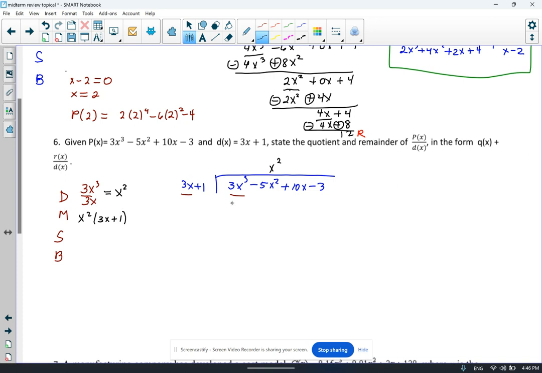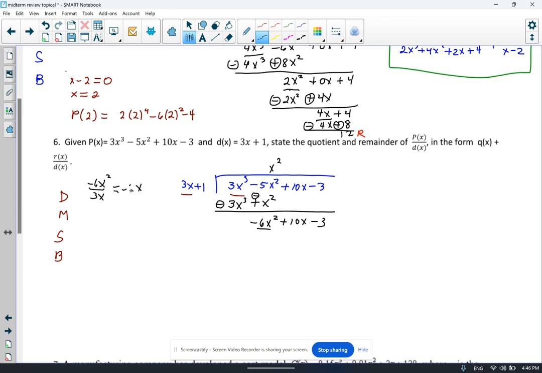I'm now multiplying that x squared by the divisor of 3x plus 1. When I multiply that out, I get 3x cubed plus x squared. I change the sign because I'm subtracting, and then I bring down. Notice the first term is going to eliminate, and I get negative 6x squared plus 10x minus 3. And I repeat the process. Negative 6x squared divided by 3x is a negative 2x.